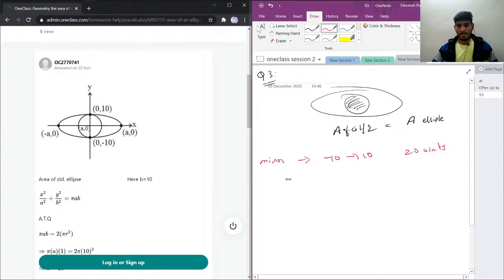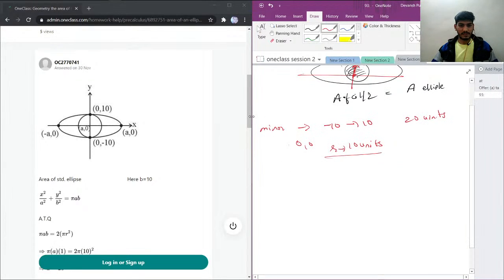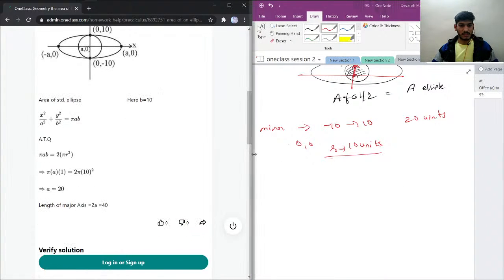Yes, the center of the circle is 0 comma 0, and the radius of this circle is 10 units, because we can see that we have 0 comma 10, and this is from the center, so my radius is 10 units of the circle.